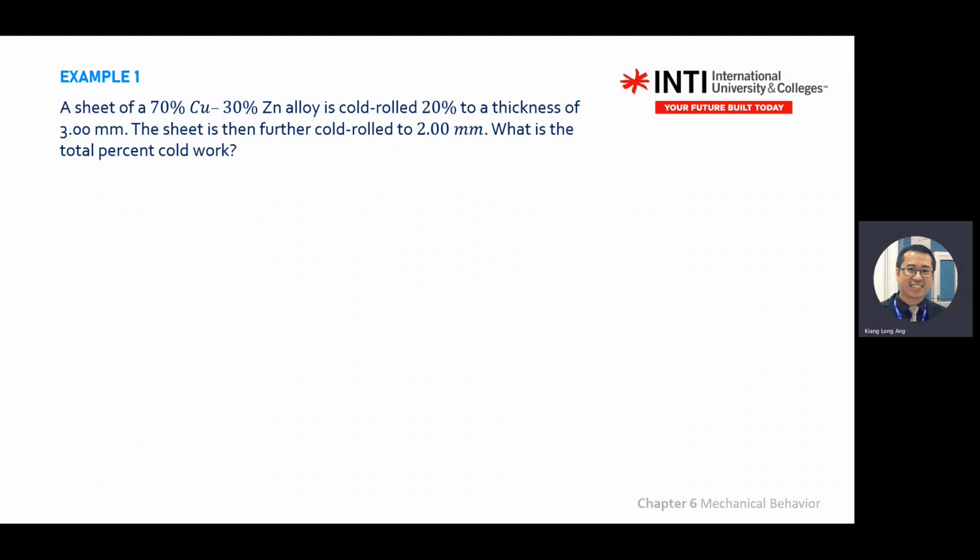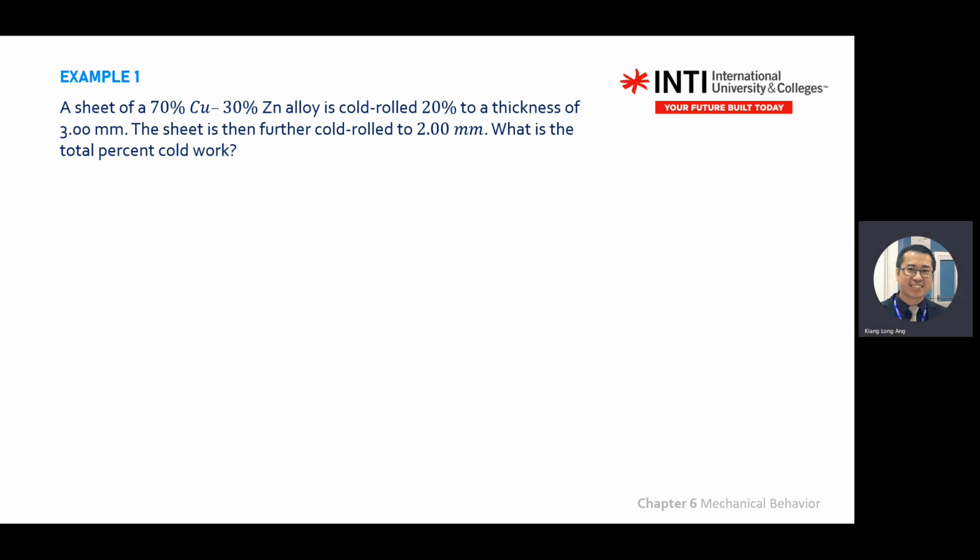So practice again. Now you have an alloy. An alloy means a mixture of more than two elements. So you have 70% copper and zinc. They are cold rolled 20% to a thickness of 3 mm.